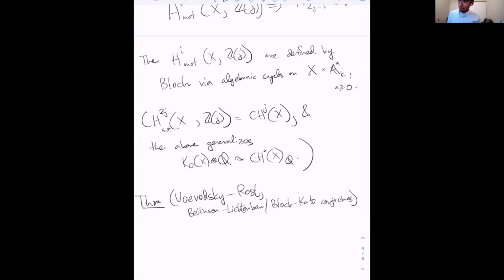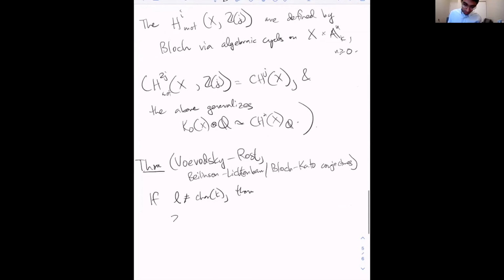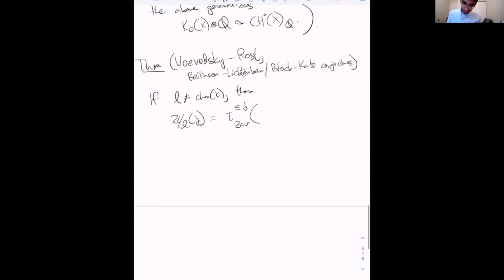So the statement is that if L is a prime number which is not the characteristic of K, then this Z/L(j), here you have to consider it as a complex of Zariski sheaves, is the truncation in degrees at most j in the Zariski topology of the etale sheaf, the usual etale mu_L^{⊗j}.